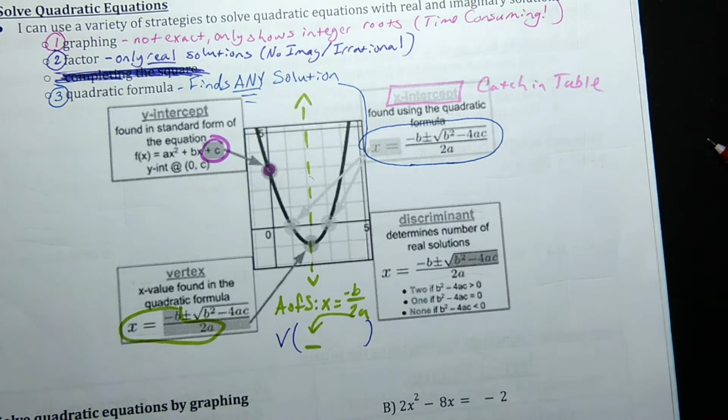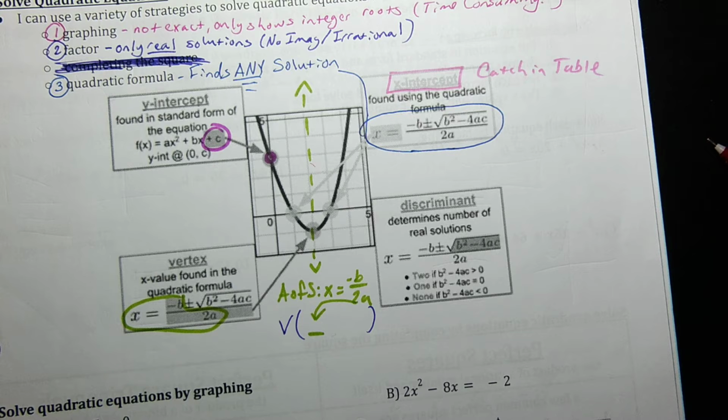But not only is it kind of tricky to use, it's pretty tricky to simplify, but the benefit is that the quadratic formula can find imaginary, irrational, and integer solutions. So folks, what we're going to be doing is we're going to be kind of comparing and contrasting all three of these methods so that we can look at a problem and determine what's going to be our best course of action for solving.